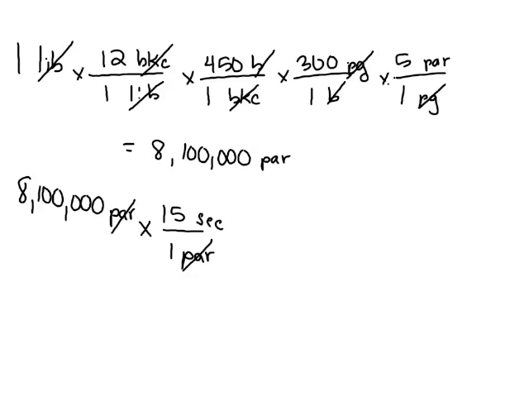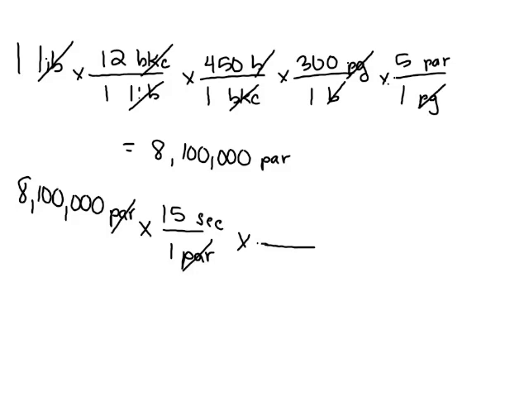So you times 8,100,000 by 15. Then we divide into minutes and hours and days and weeks and years. You're going to end up with 1,215,000,000 seconds, and then you'll start dividing it by 60.